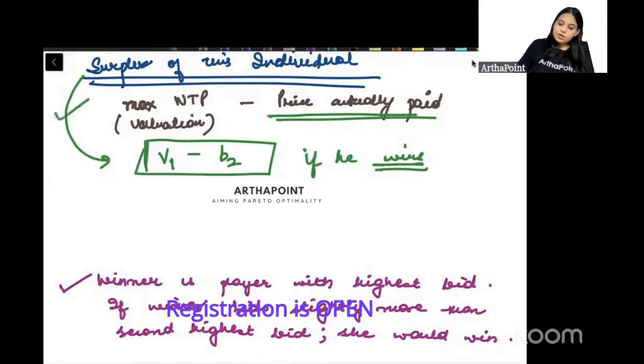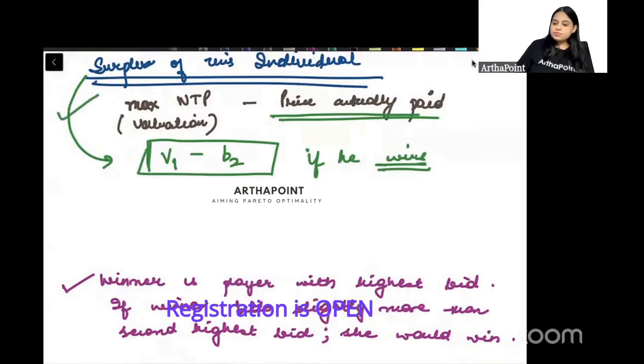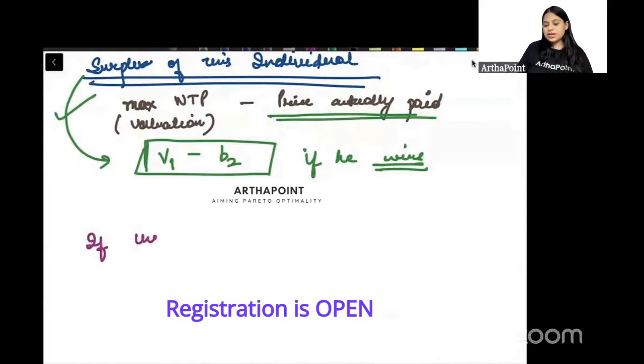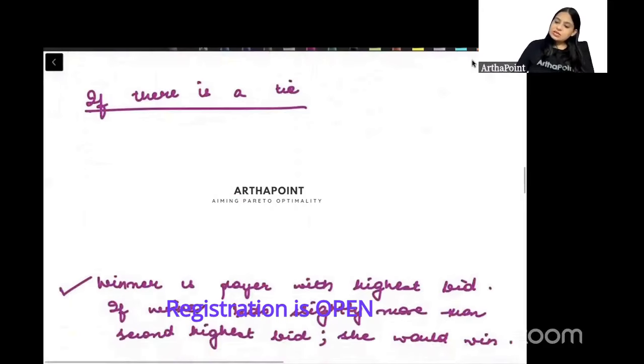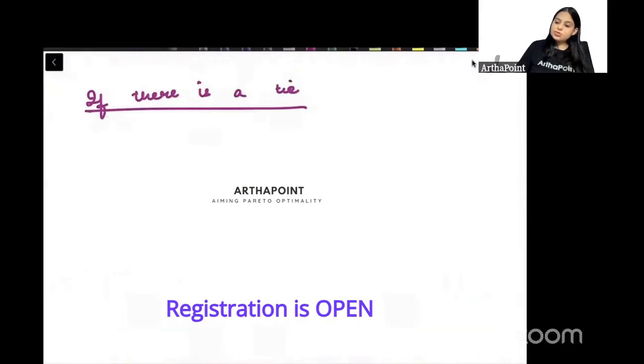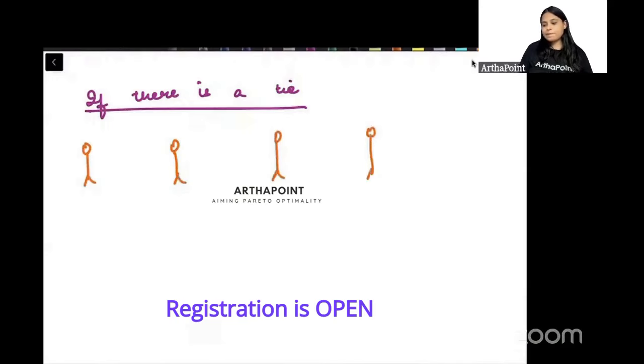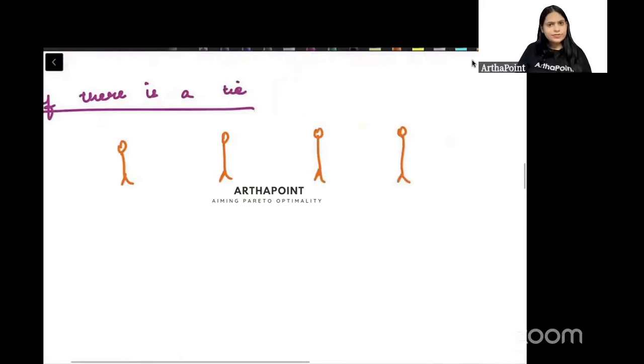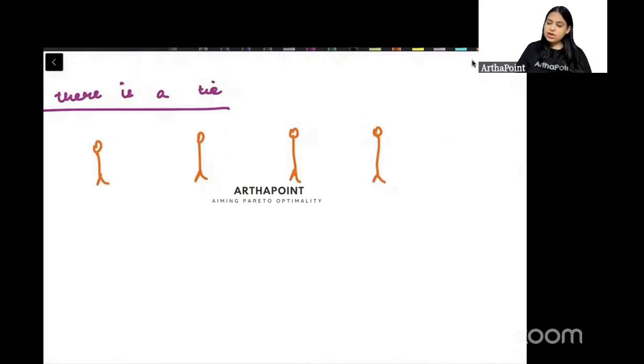Okay. Now, second thing, if there is a tie. Let us take this case where there are these individuals, and they have different bids.